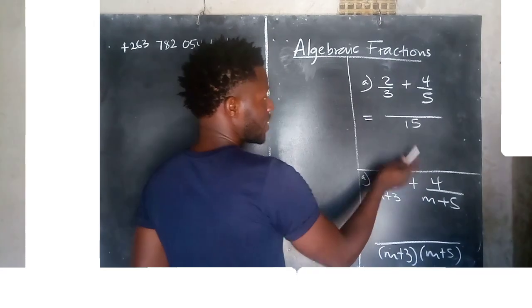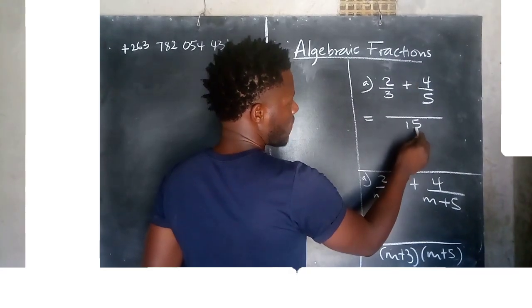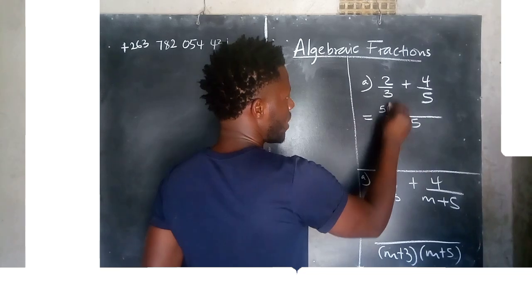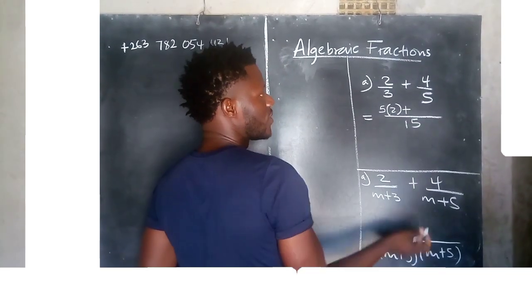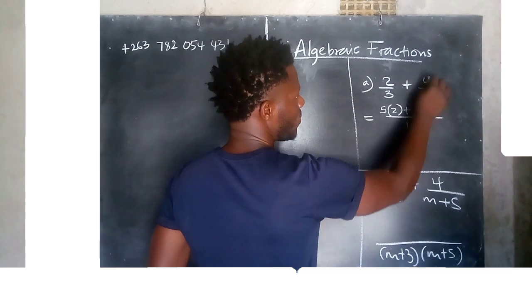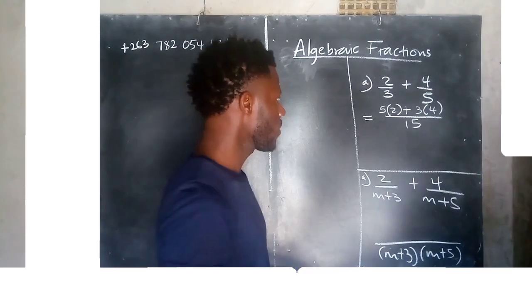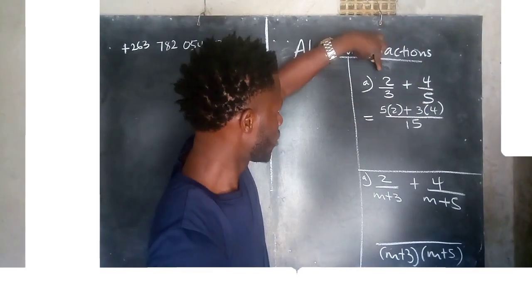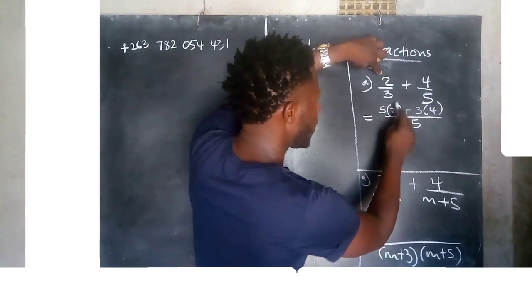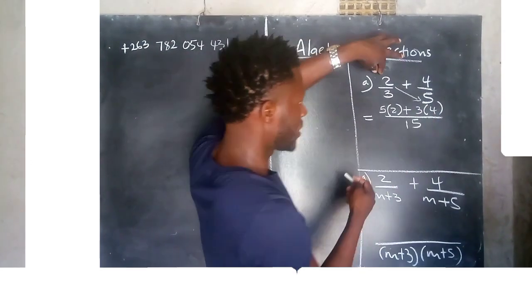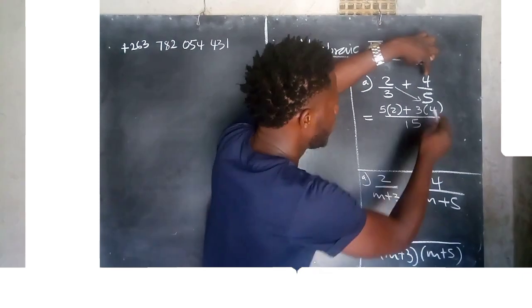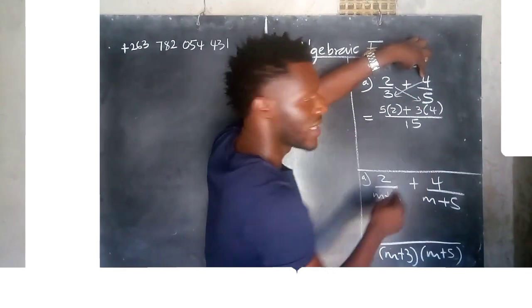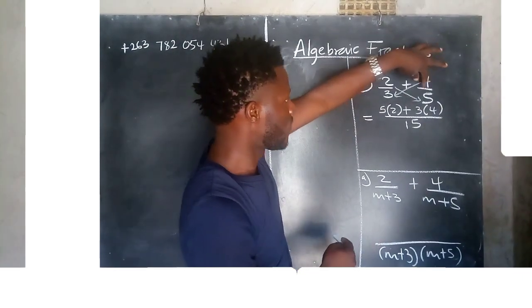Then in this one, we say 3 into 15, 5. That 5 multiplies the numerator of the first fraction, which is 2. 5 into 15, we get 3. And the 3 will be multiplying by 4. Now look, numerator 2 is multiplying by the denominator from the opposite side, 2 and 5. Then on the other side, numerator 4 is multiplying by the opposite denominator, 4 and 3.